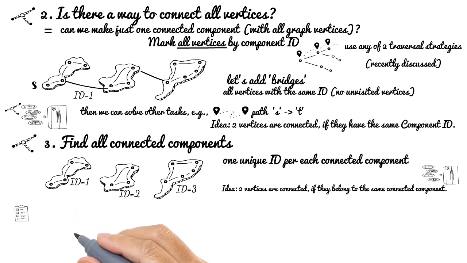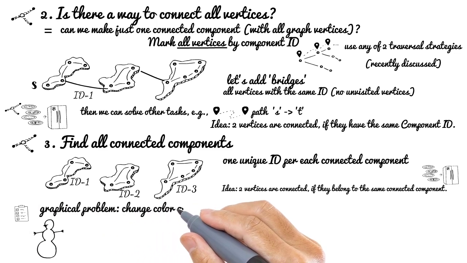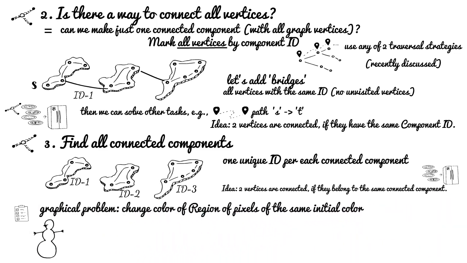There might be other practical tasks as well, for example, a graphical problem: change the color of a region with pixels of the same initial color. Pixels are considered as vertices and they are directly connected if they are adjacent. Therefore, the whole region consisting of adjacent pixels is considered to be within the same connected component.